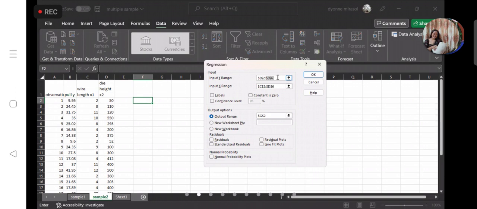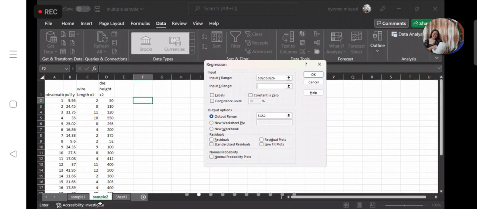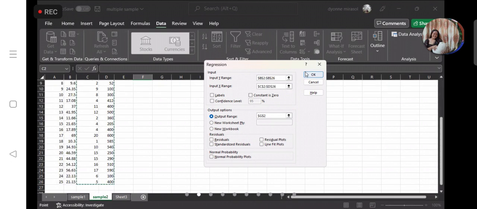The input is automatically the values of the previous data, so we delete that and choose again for this one. Then okay.